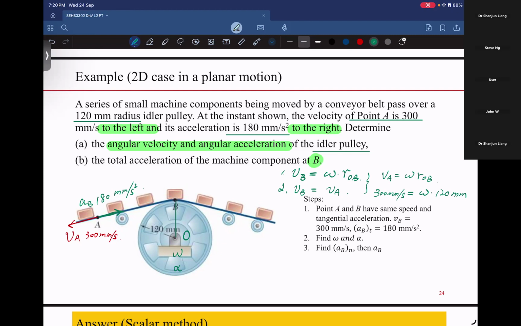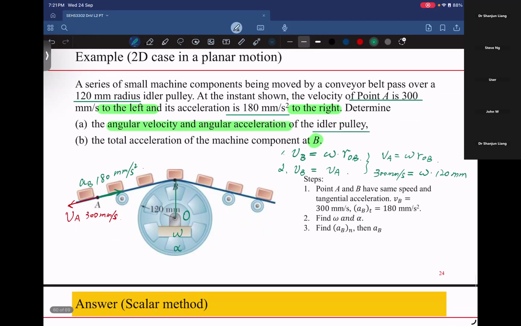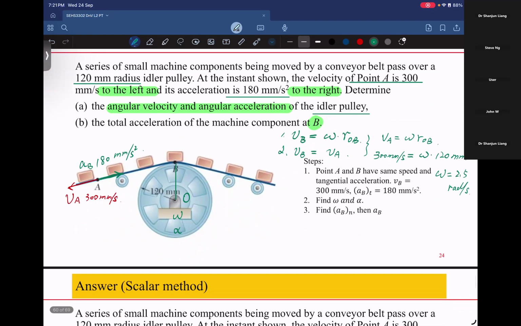Therefore, what is the omega? Omega is 2.5 radians per second. This is what I get directly.